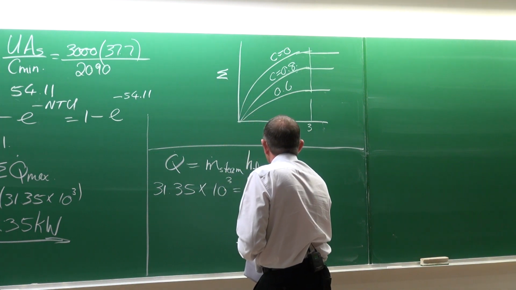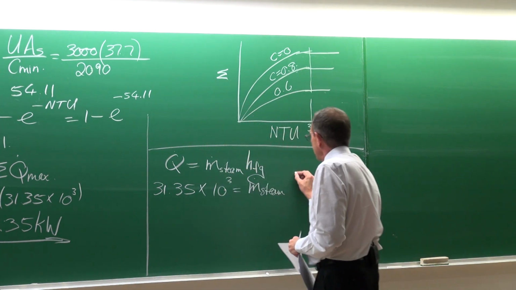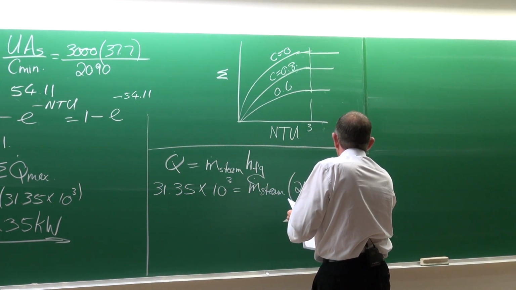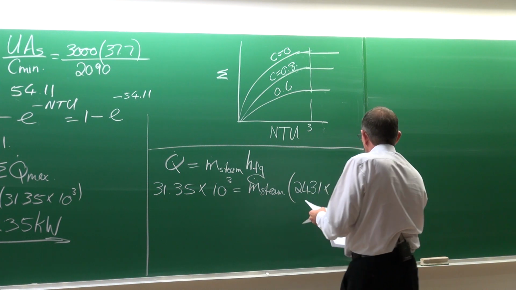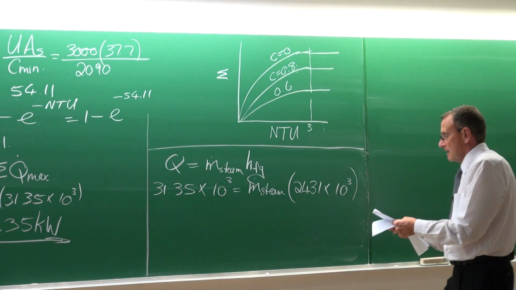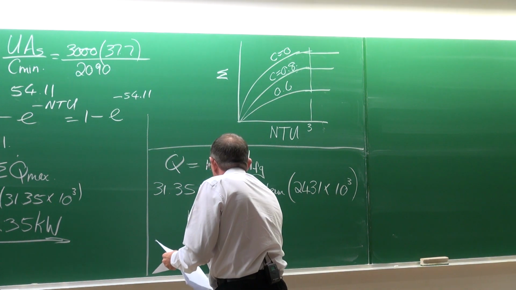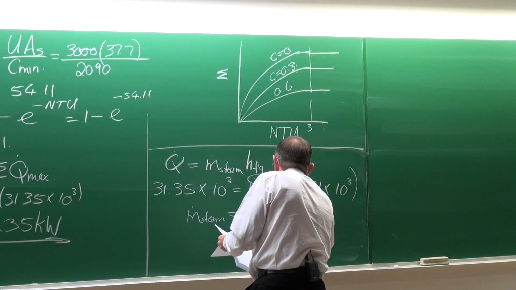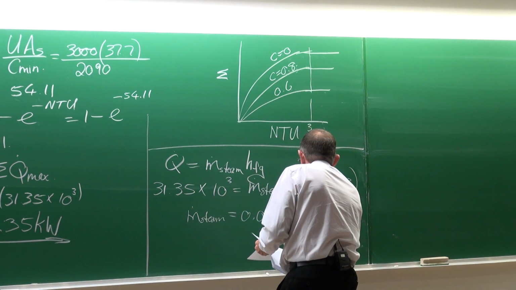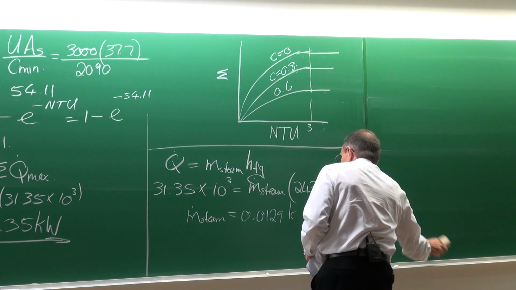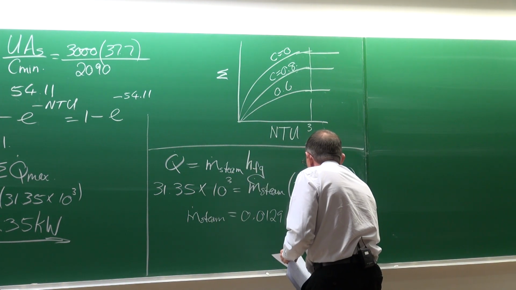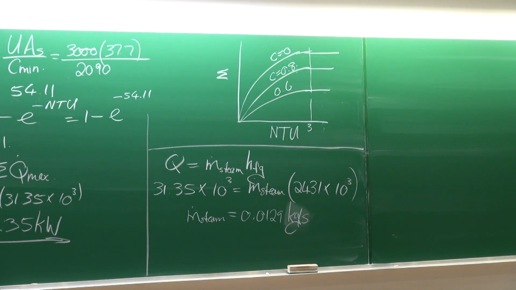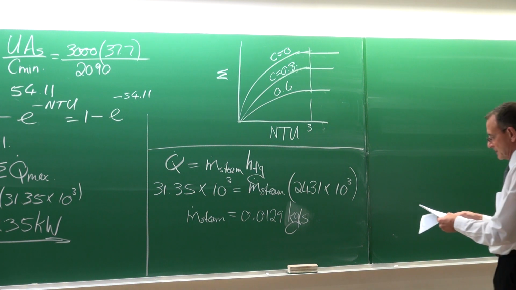The mass flow rate of the steam is what we want to calculate. The HFG value is equal to 2431. Take note, it is kilojoules, so it is multiplied by 10 to the 3, and then we can calculate the mass flow rate of the steam, and that would be equal to 0.129 kilograms per second. It's not an engineering answer, but you can multiply it by 3,600 to get it in kilograms per hour.